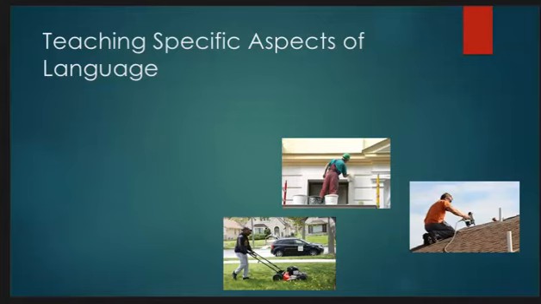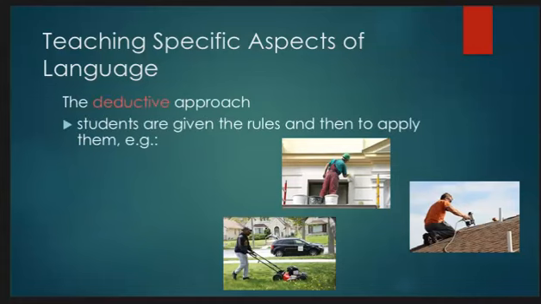When we're teaching specific aspects of language, one way we do this is through a deductive approach. So in a deductive approach, students are given the rules and then they apply those rules. Maybe it's something like a grammar structure. We give them the rules of the grammar and then we ask them to make phrases and sentences with those rules.